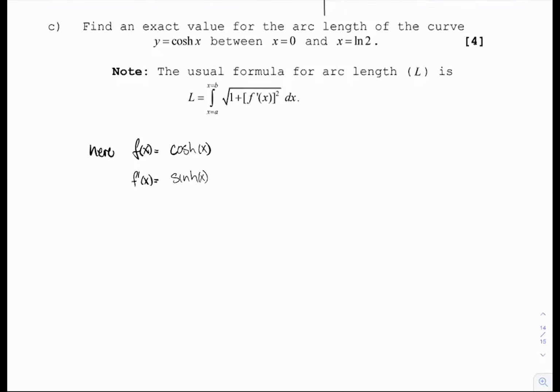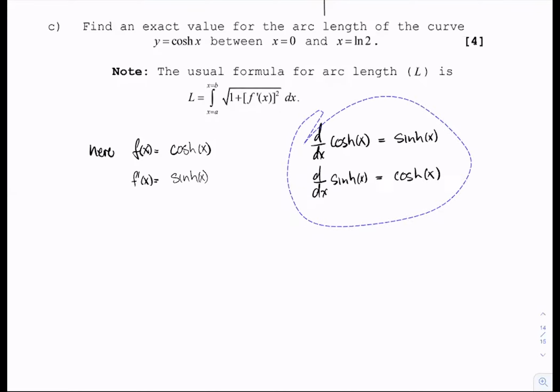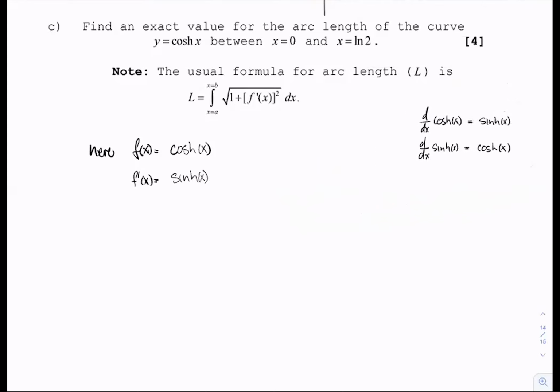Guys, please recall those results. The derivative of cosh of x is equal to sinh of x, and the derivative of sinh of x is cosh of x. Let's write that down. All right, so those are some results which we want to keep in mind. Nice, so let me just put them over there in that corner.